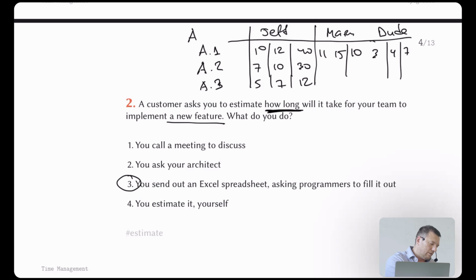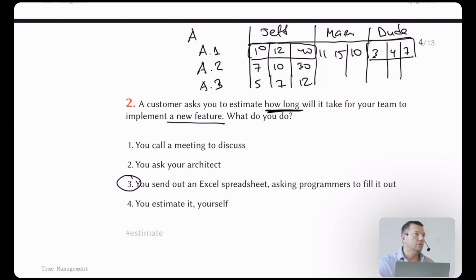So when I receive that kind of data, I look at it and I understand that Jeff's estimate of this particular element A1 is very far away from what this dude gave us. Very far away. And that's a very good motivation for a meeting.